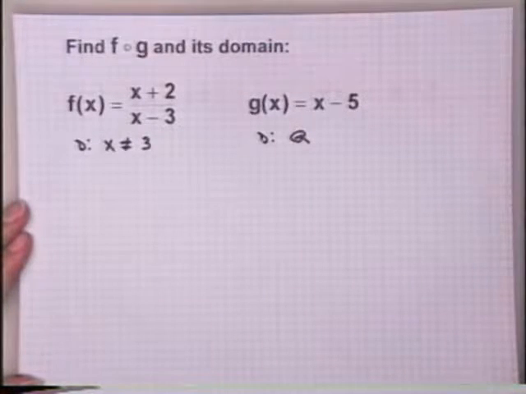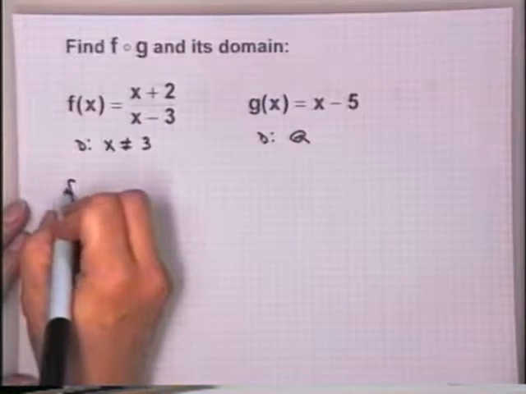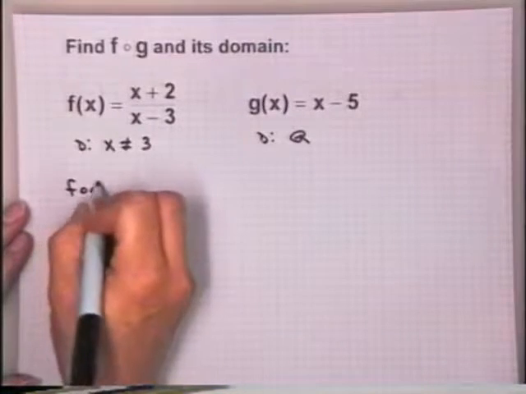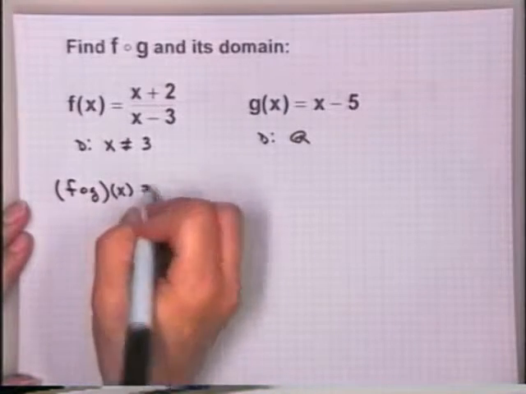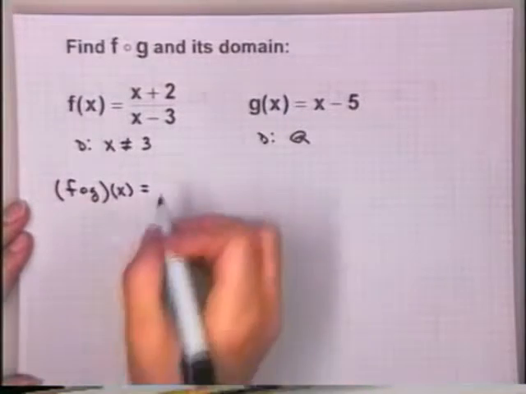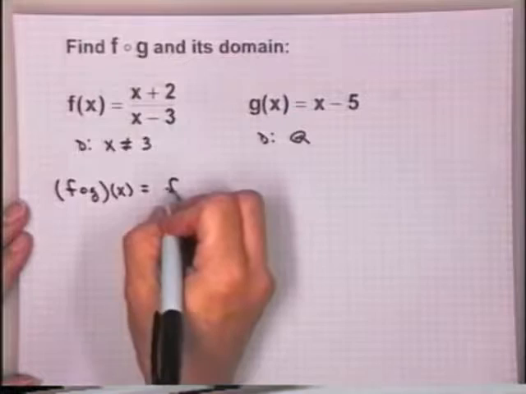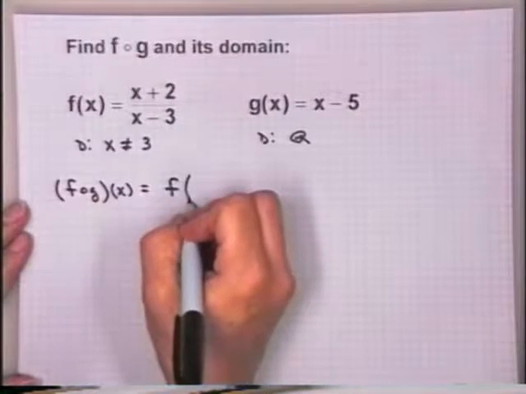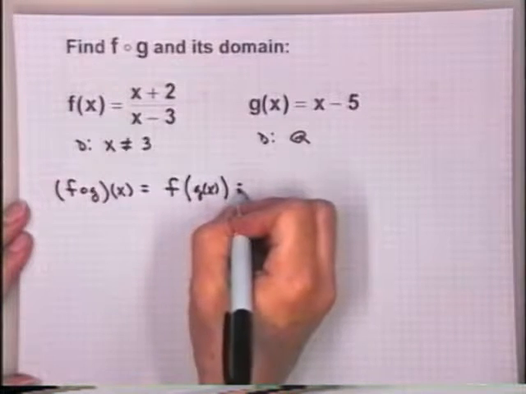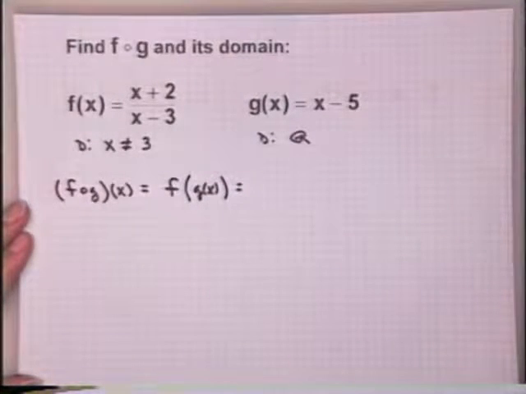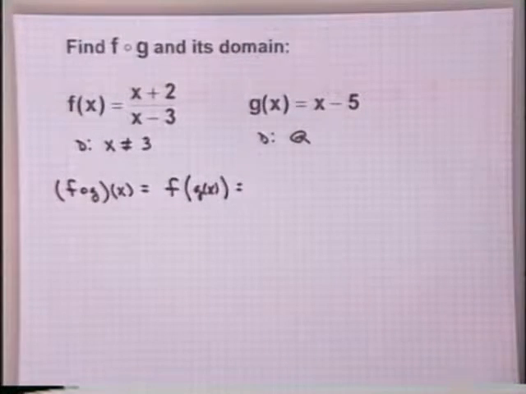Now, I want to look at notation first. f circle g in parentheses of x. f circle g of x is given by, I'm going to write the definition, it said f on the outside, it had a parenthesis, and then it had g of x on the inside. A lot of times, here's what I like to do.